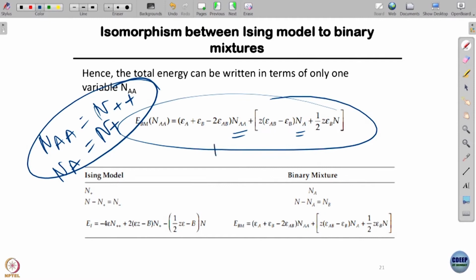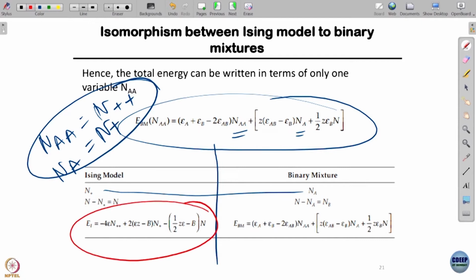So, here is the connection between them: N plus is NA, then N plus plus is NAA here, and then the energy of the Ising model is this quantity, which we did in the Ising model class. Remember the factor of 4, the 2 and this quantity, except Z is gamma in the Ising model.